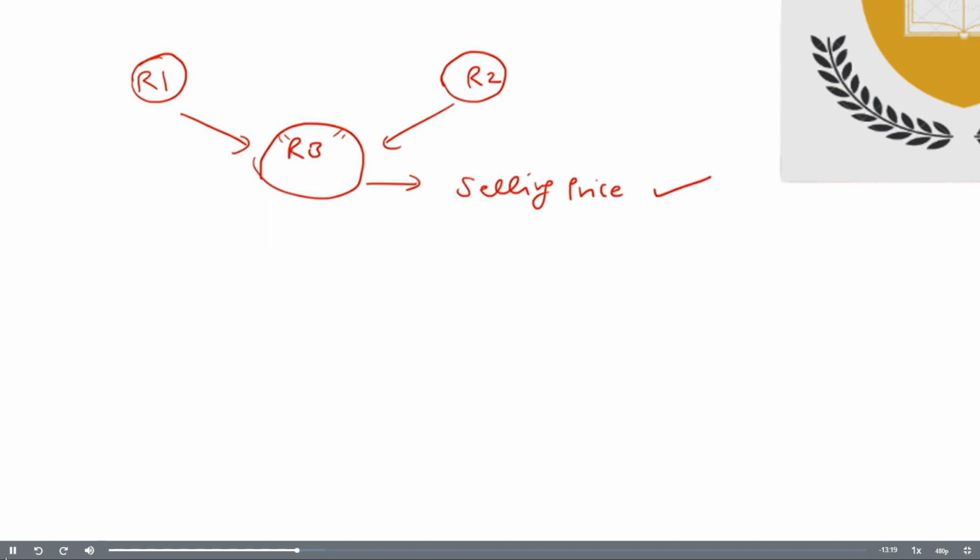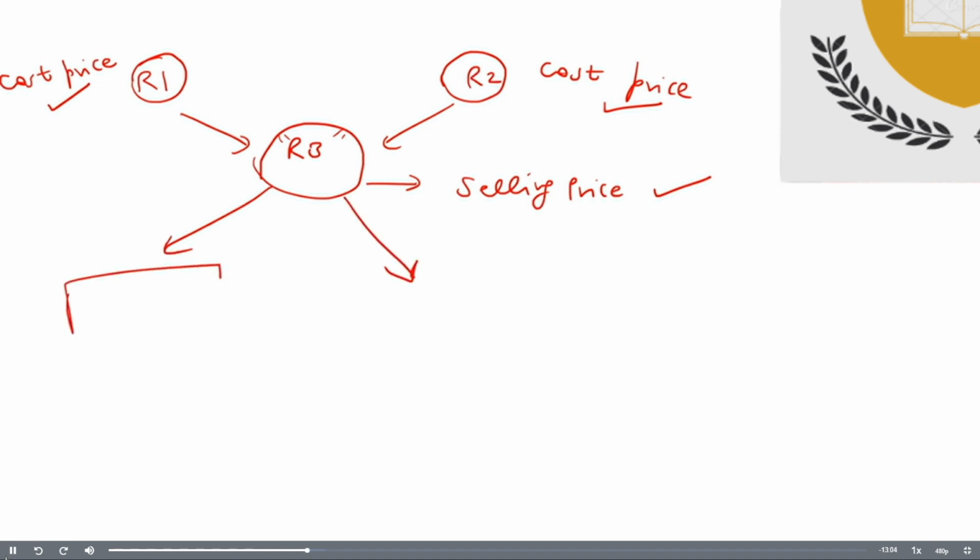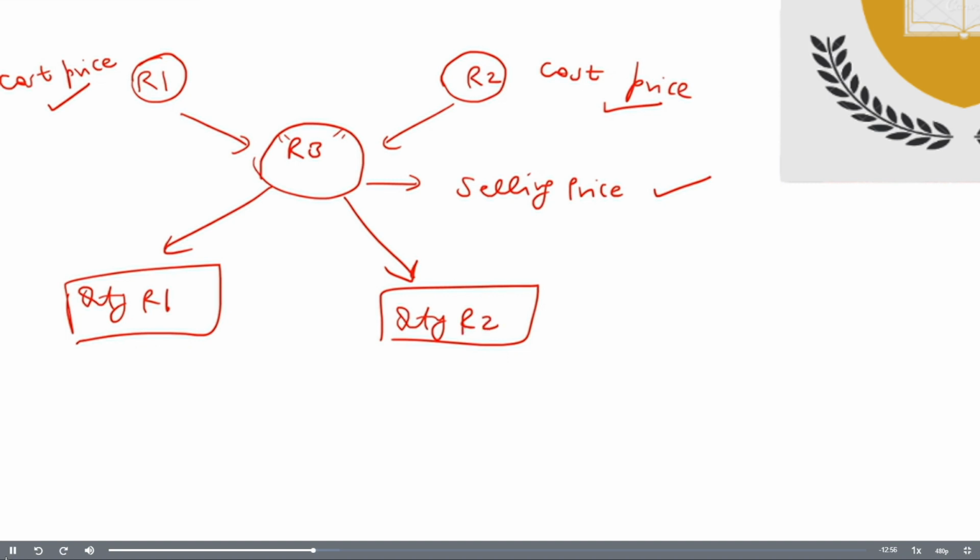They will also give you the cost price of rice 1 and the cost price of rice 2. And they will ask you to calculate the quantity of rice 1 and the quantity of rice 2 that will be required to make this final product.